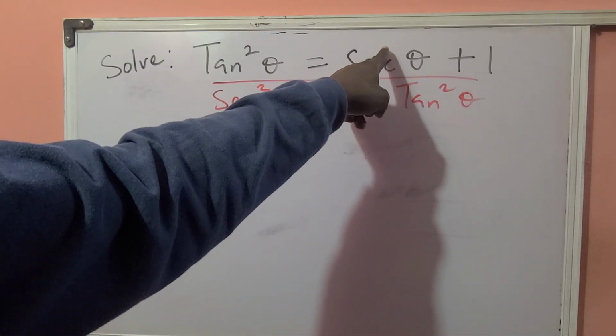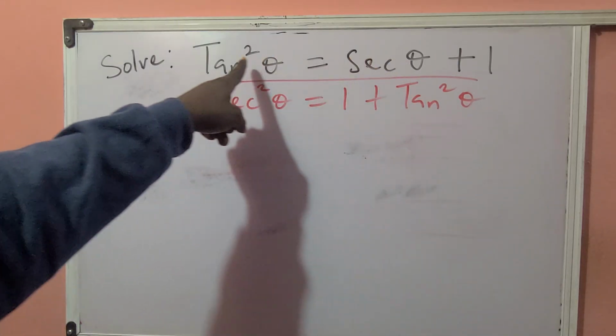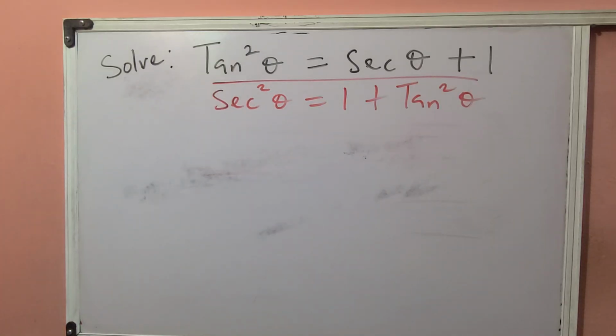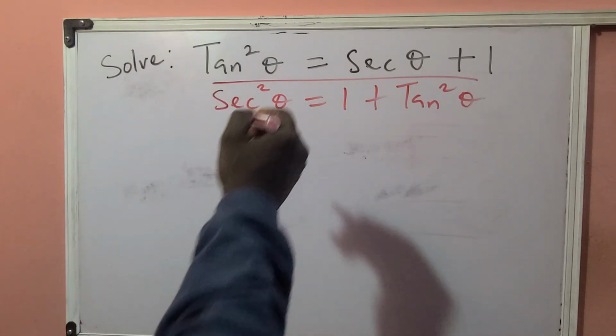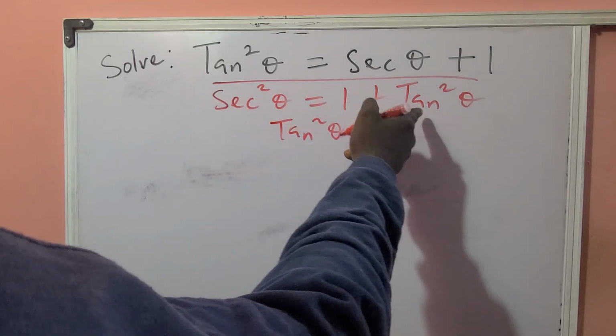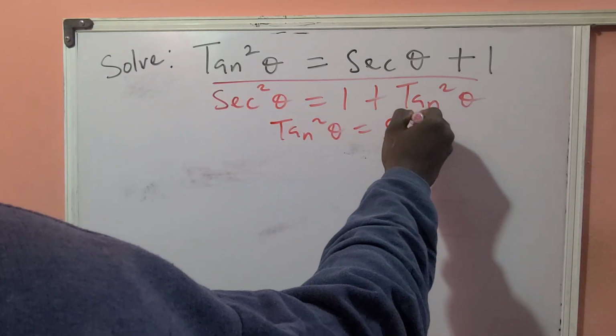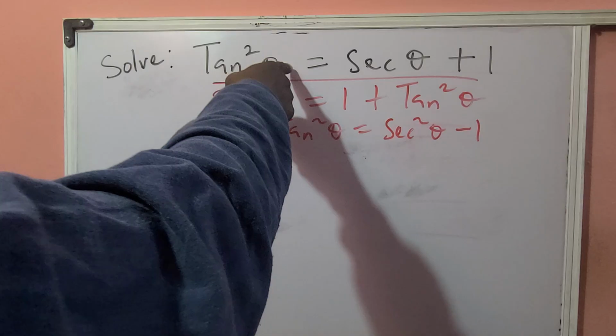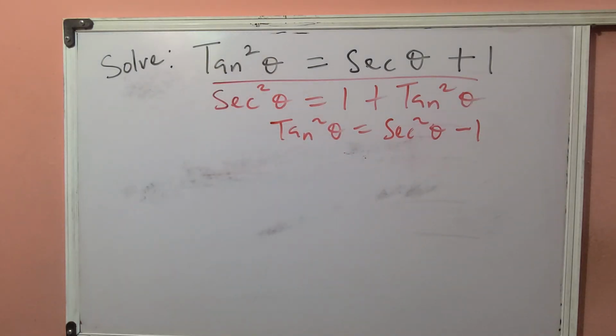So we will not be changing the sec square theta, rather we'll be changing tan square theta. So from this identity, tan square theta will be equal to sec square theta minus 1.